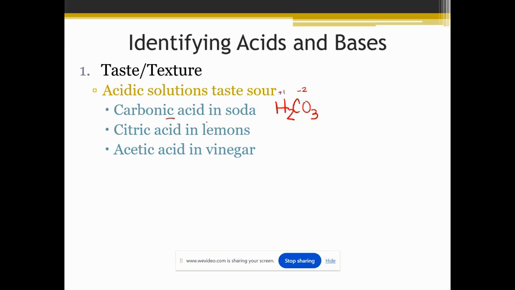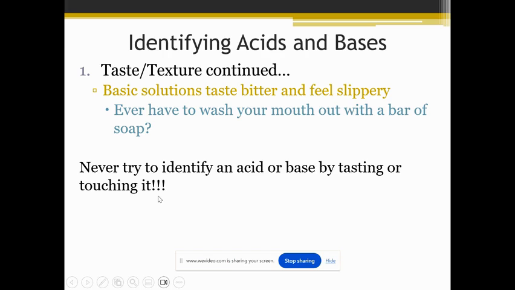So there is the formula for carbonic acid. Acetic acid would have come from acetate, which has a 1- charge. This is a 1+. So remember how to write those formulas for your different acids. Citric acid is a little different. We're not going to worry about that one.